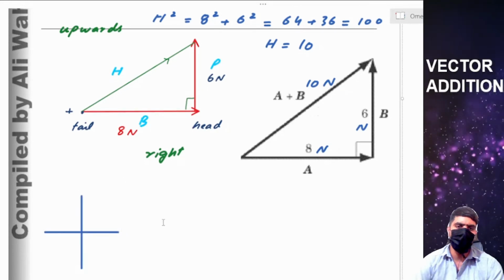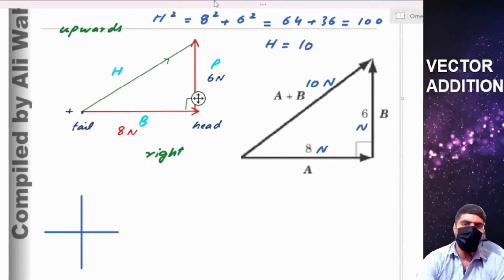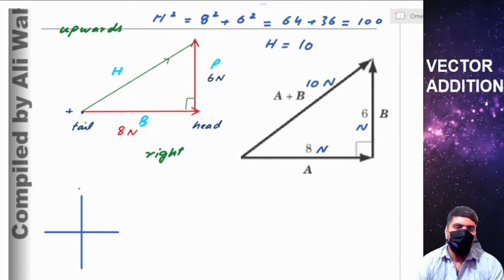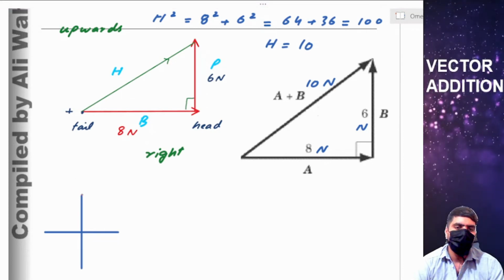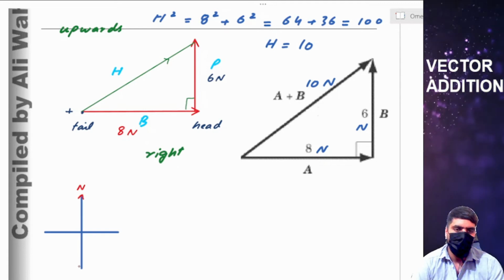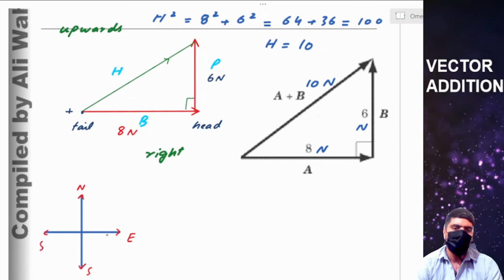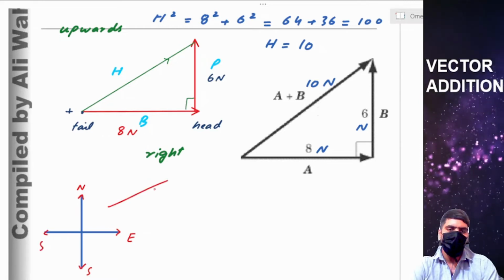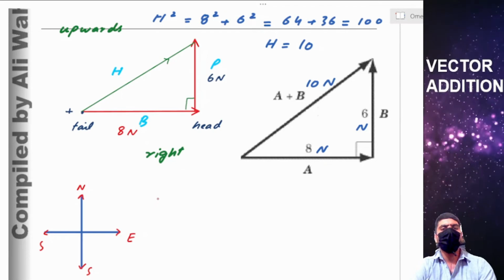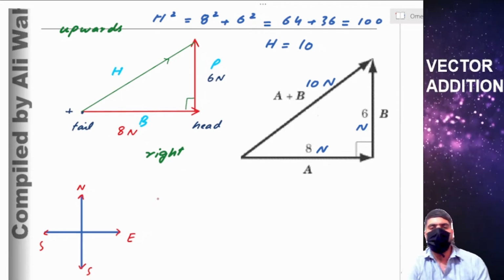The convention is, on your sheet of paper, the side pointing upward represents north, downward represents south, towards the right side represents east, and towards the left side represents west. So since your vector is somewhere in this direction, you can say it is directed northeast.